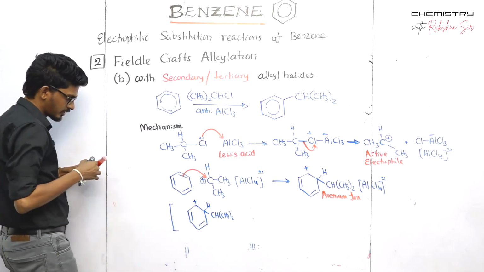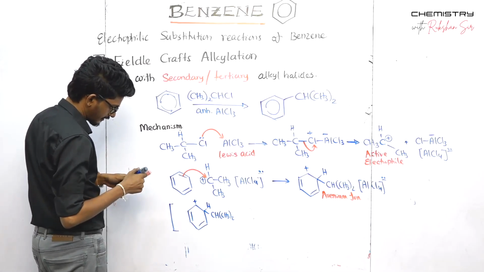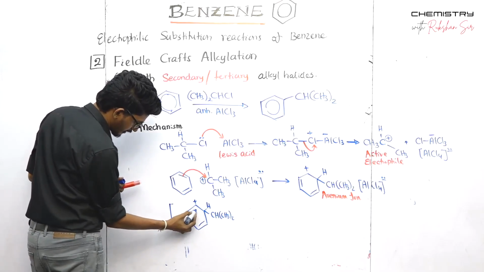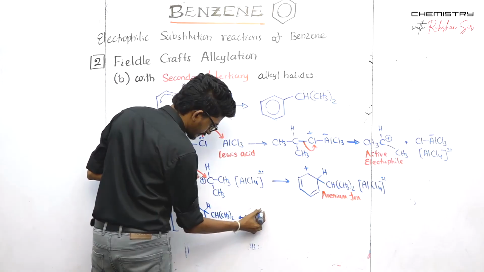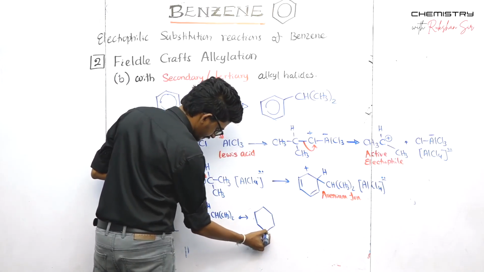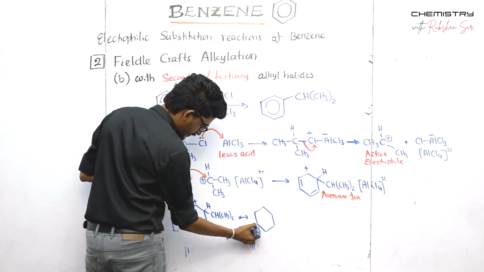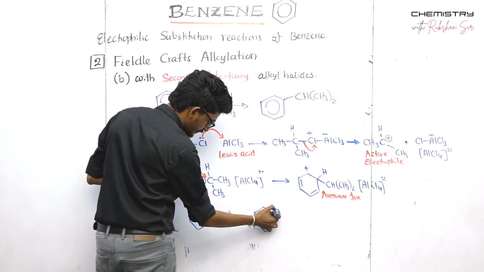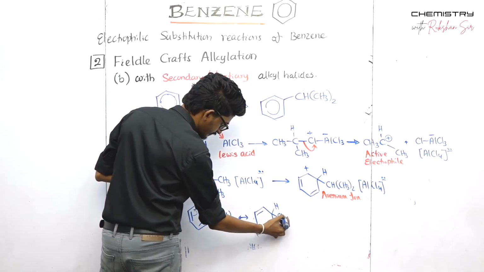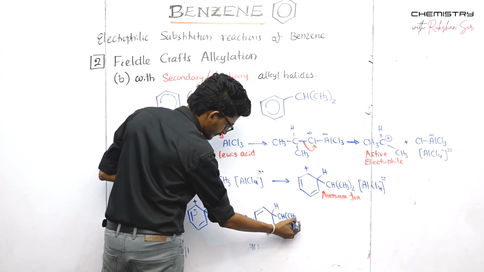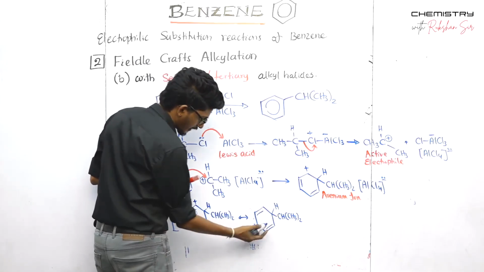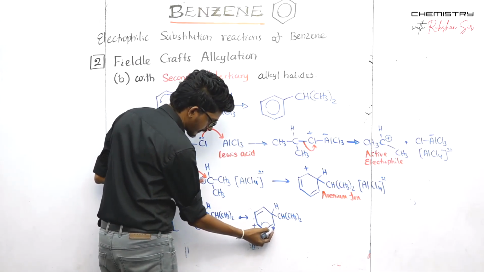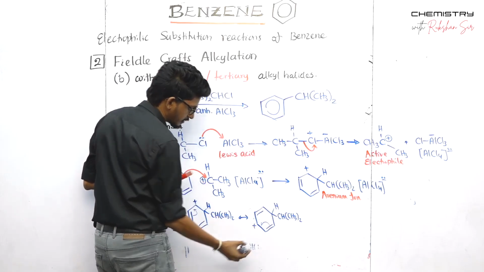These electrons will come to here, so you will come up with this positive charge. Then as these electrons come into here, the positive charge will come to here, right?